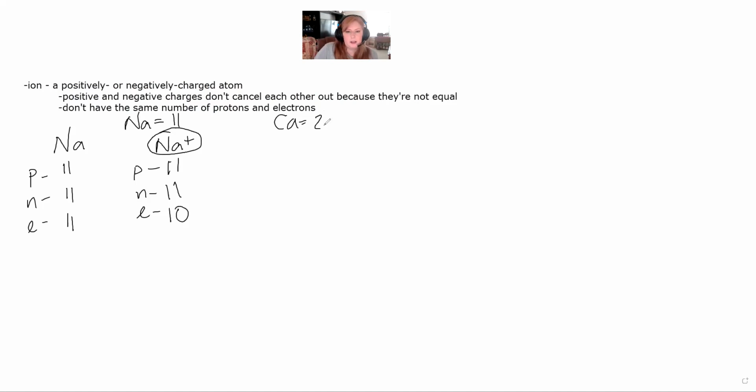All right, calcium also becomes a positive ion, but first let's start with our typical. So we have how many protons? Atomic number of 20, 20 protons, 20 neutrons, 20 electrons, because this is a standard atom. But calcium can become a 2+, also written.